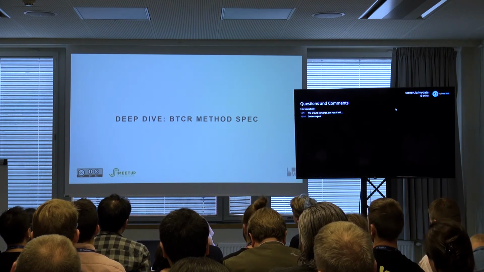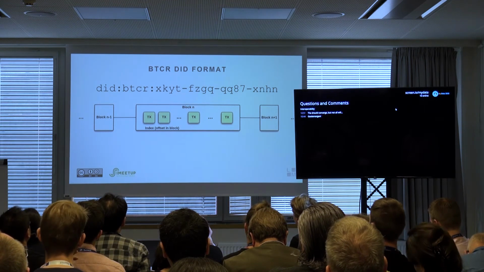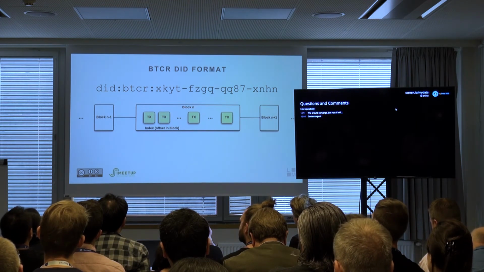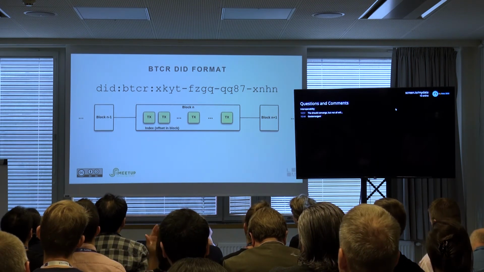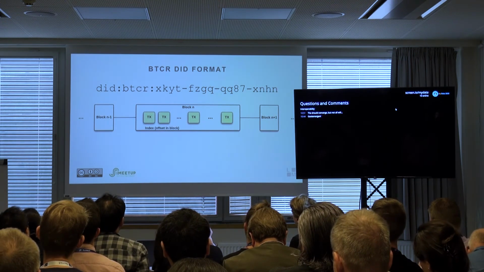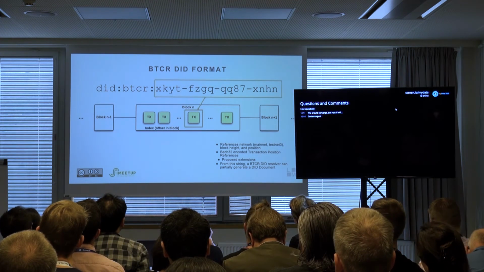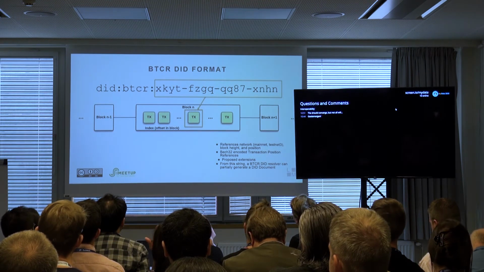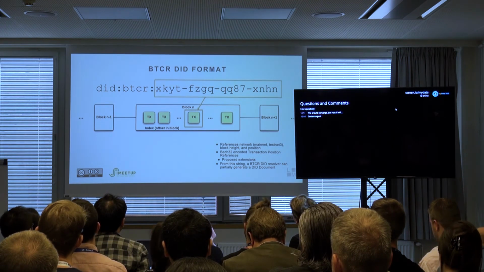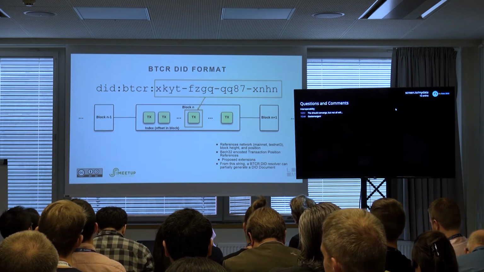Quick focus on the BTCR method spec. In the BTCR DID format, after the first colon, we know it's the BTCR method. The last string is a Bech32 encoded transaction position reference, which encodes the network, whether mainnet or testnet, the block height, and the position within the block.